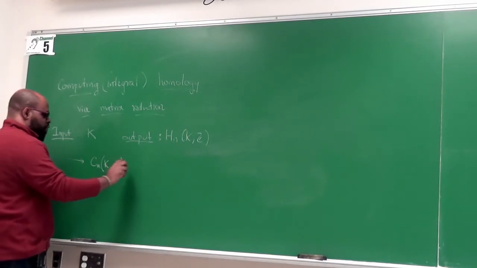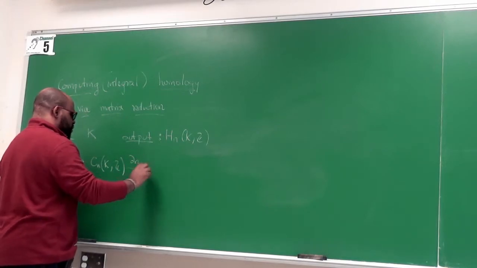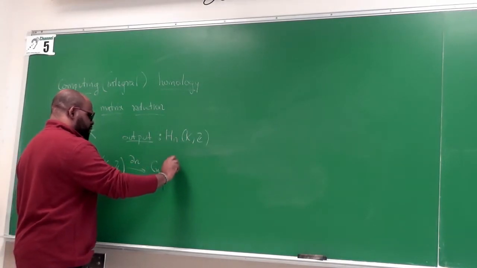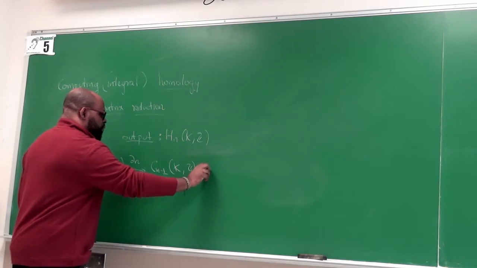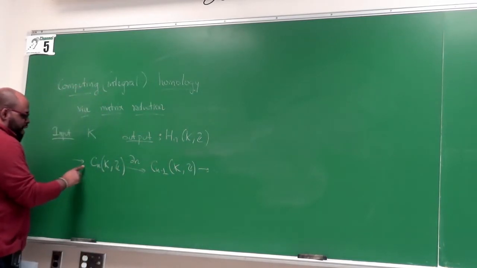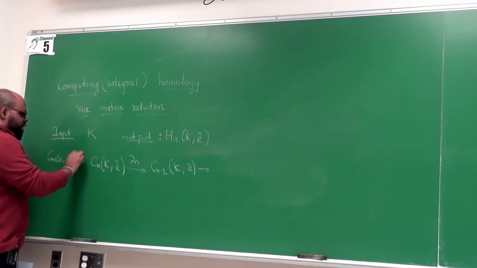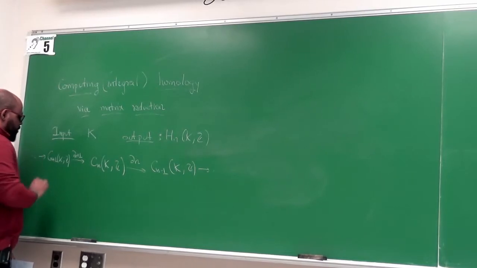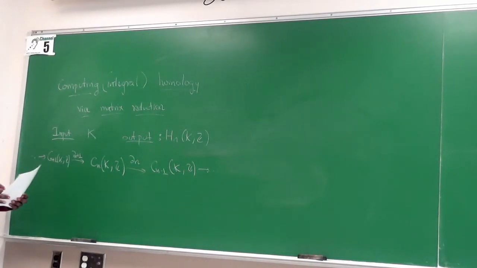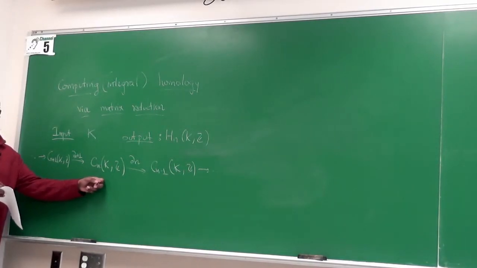From here, we map out to the Cn-1 chains, and then we continue, and then we map into Cn+1 using delta n+1. And this continues this way. Okay, so this is where the action is going to happen.